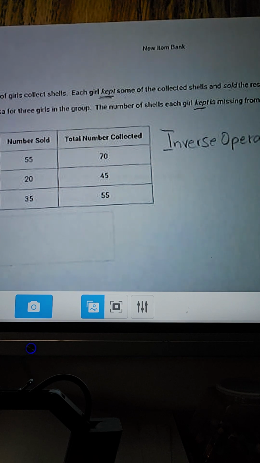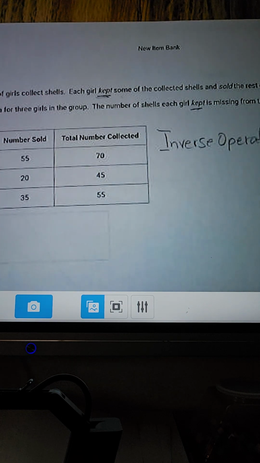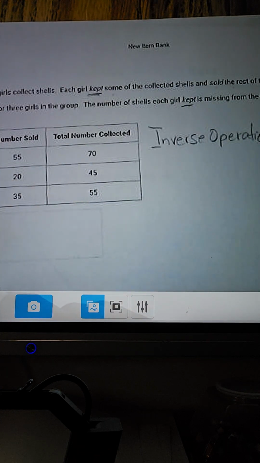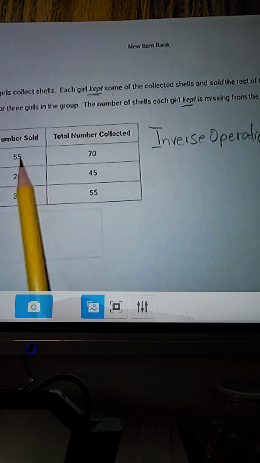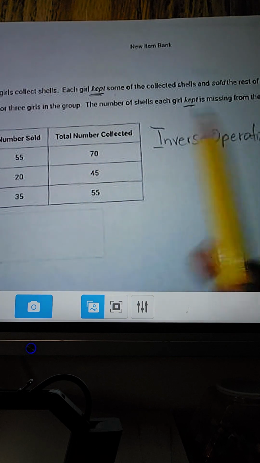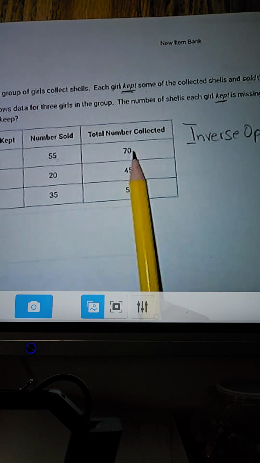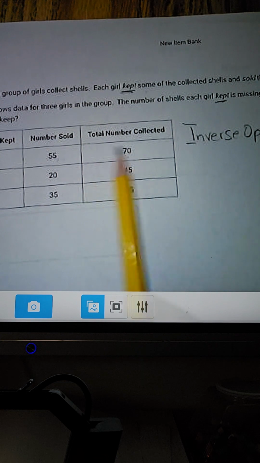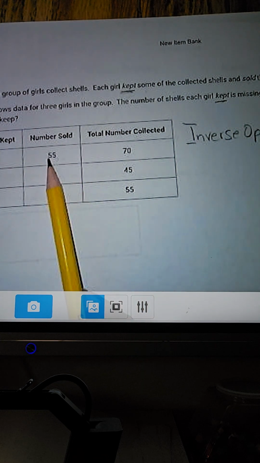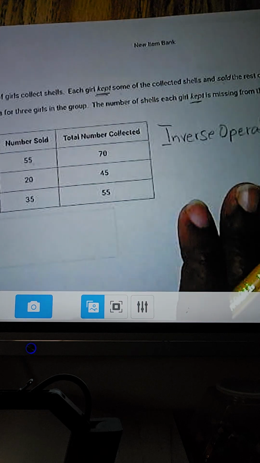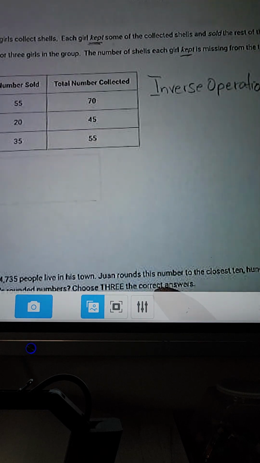I'm sure that when you see this, you're thinking, okay, if this is the total number, then the number kept and the number sold is going to equal 70. But if you understand inverse, because you can't add it because you don't have what to add, you know that you need to subtract. So if you're given a total and then you're given part of the total, you need to subtract to find the number kept.